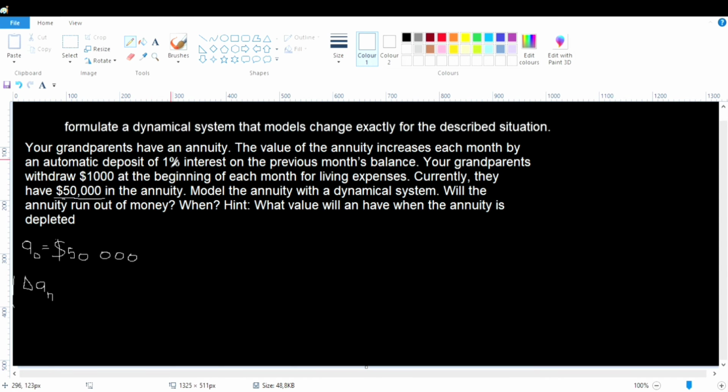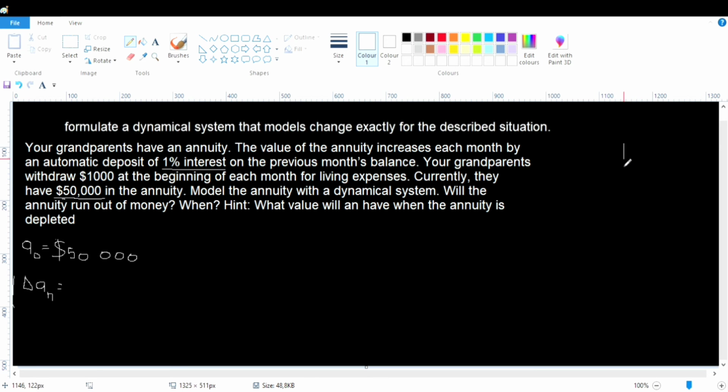Here we are told that the value of this annuity increased by 1% interest each month. So that's a change. So change is equal to some function. Now let's formulate a function out of this scenario.